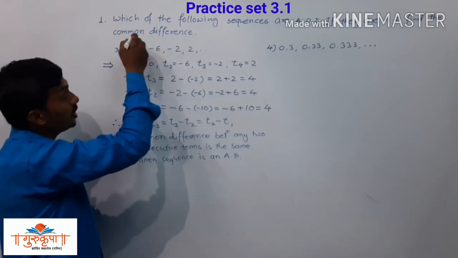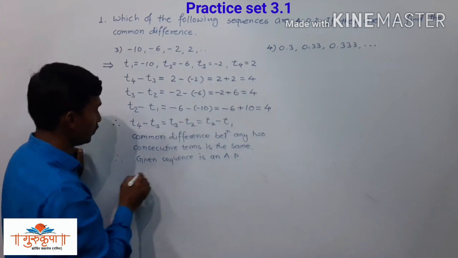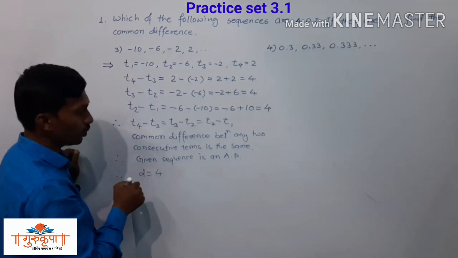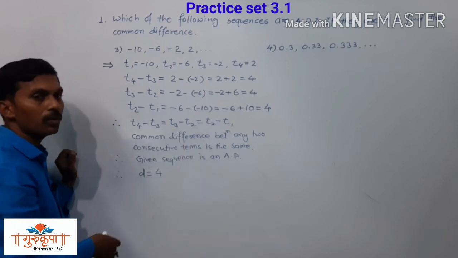And now if it is an AP, we have to write the common difference, and that common difference is 4. So here we can write D is equal to 4, or simply we can write in words, common difference is equal to 4.